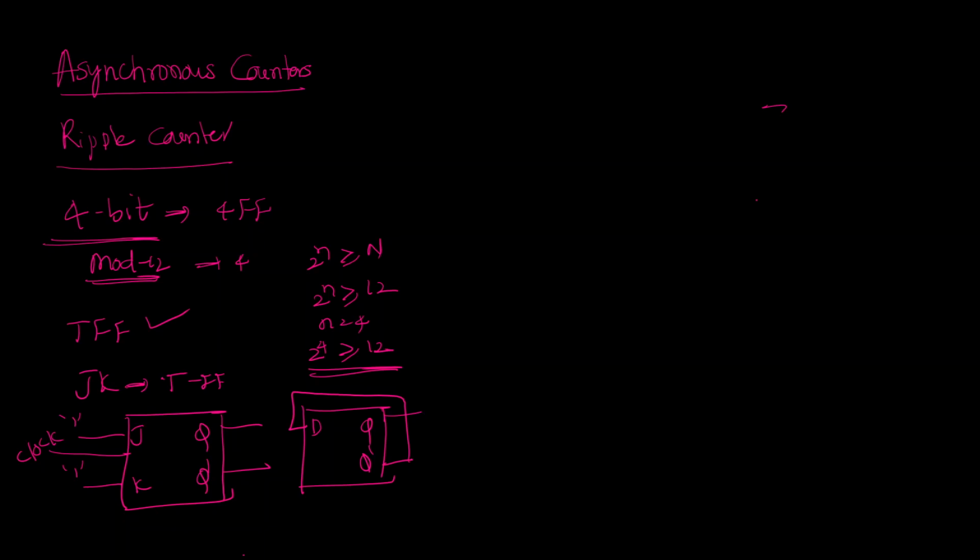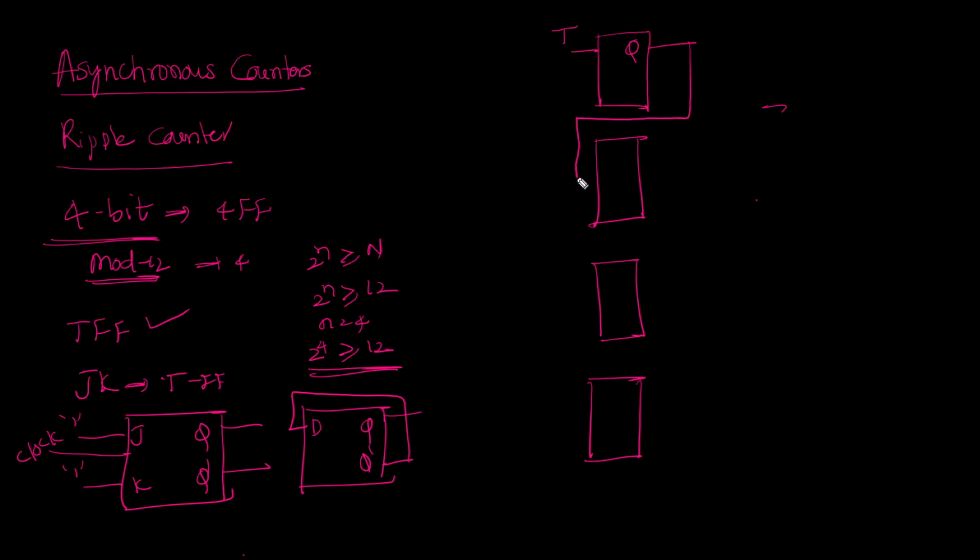For that, what is required is simply, let's take 4 T flip-flops. I can draw them vertically or horizontally, it doesn't matter. This is a T flip-flop. I am getting the Q output here, that I am giving as input to the next flip-flop's clock. I have the T input here, that is 1.